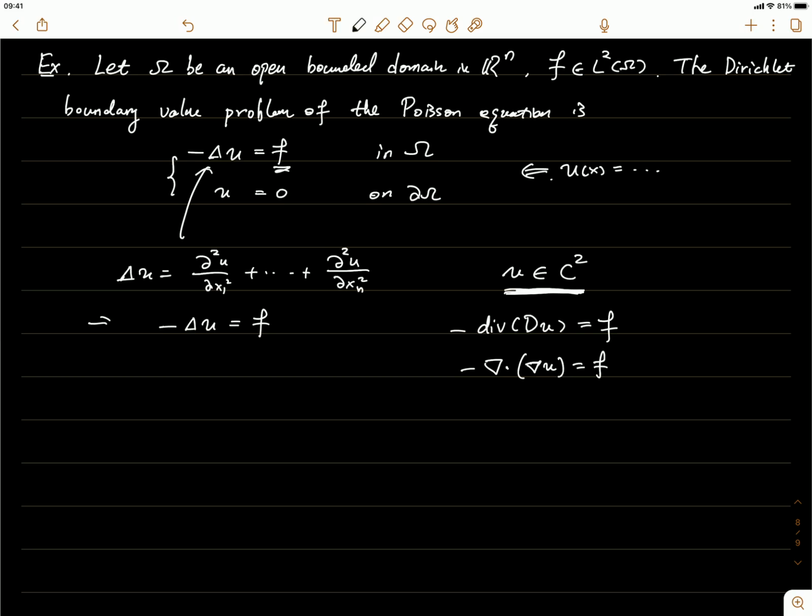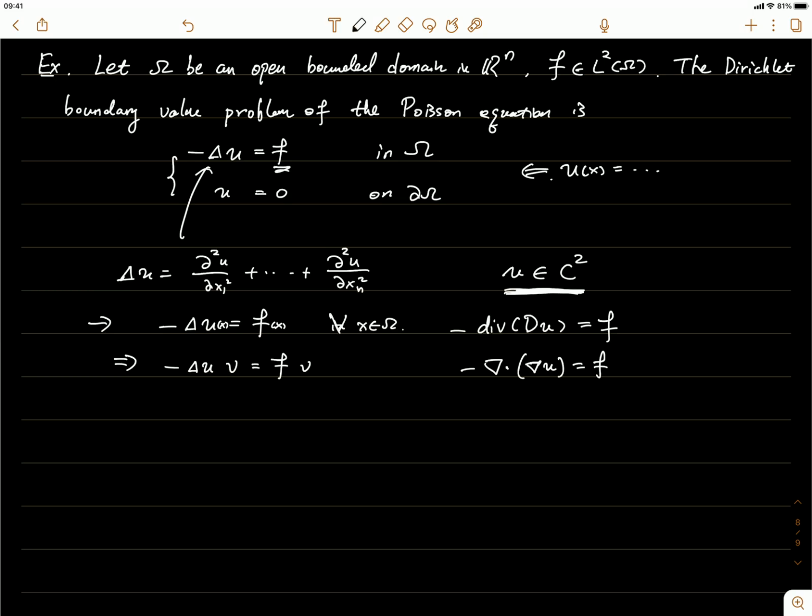So now let's look at this one. This is true for every x in omega. If it is true, then if I multiply both sides by an arbitrary function, it is supposed to be true as well, right? So when I multiply the Laplacian of u by some function v, and on the right-hand side I multiply f by v, this should still hold.